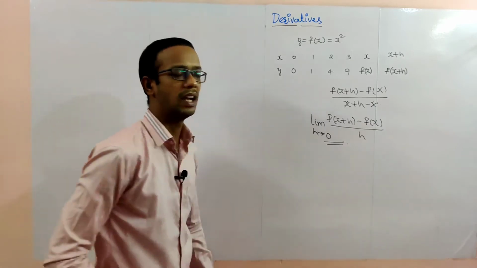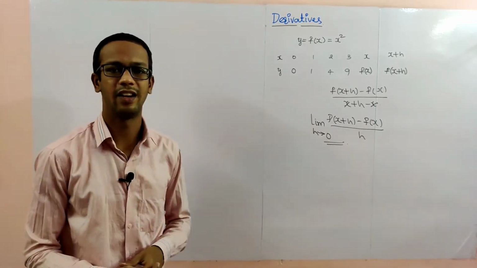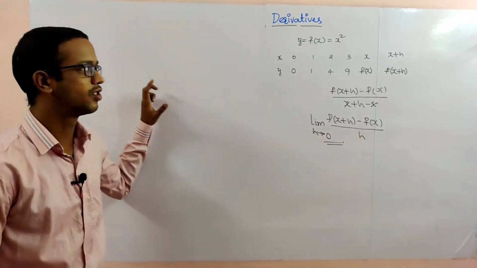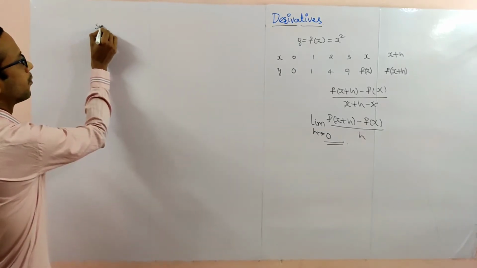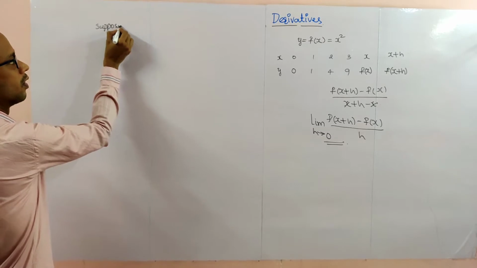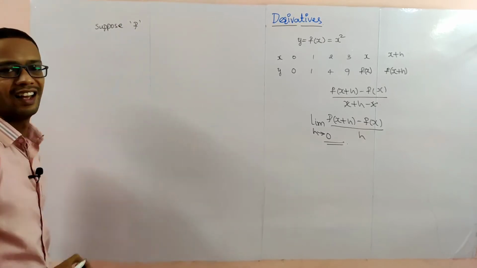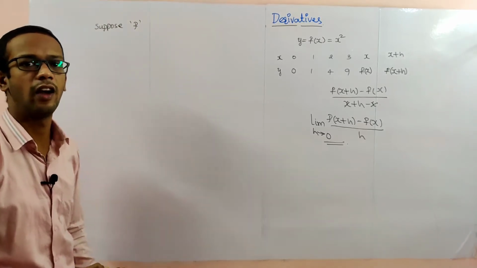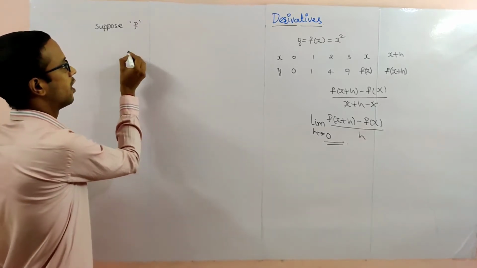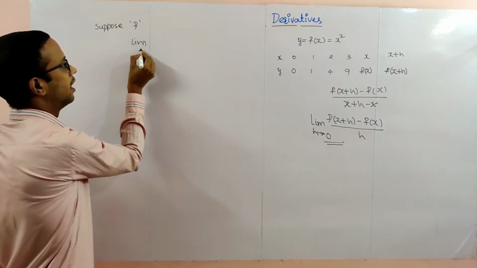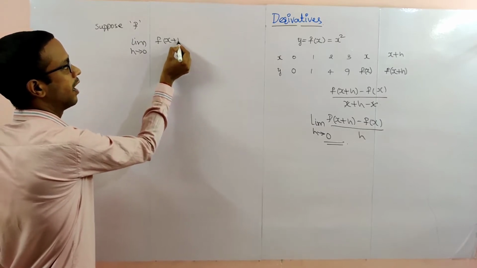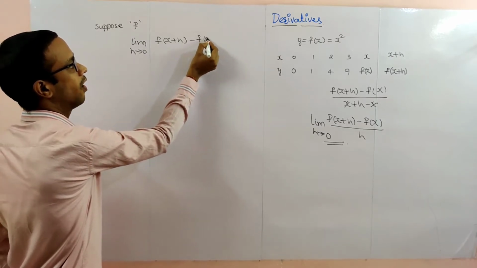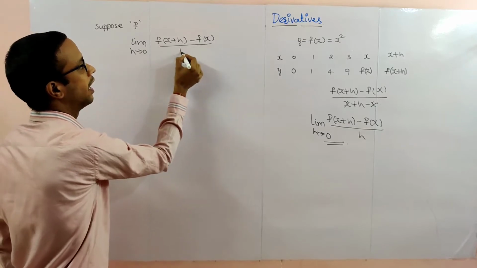So this is the main derivative. Next, I will write the general definition here. Suppose f is a real valued function defined by limit h tends to 0 of f of x plus h minus f of x divided by h.